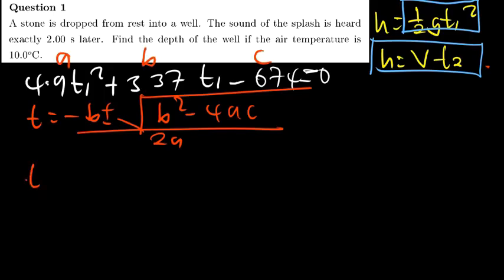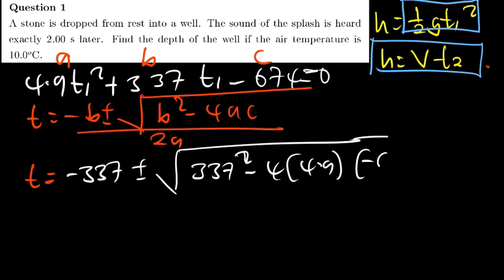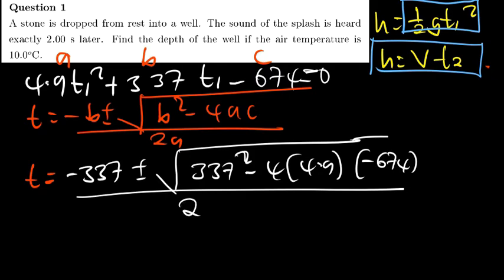So t will be equal to negative 337 plus or minus the square root of 337 squared minus 4, the value of a is 4.9, then c is negative 674, like that. I divide this by 2a, which is 4.9, like that.